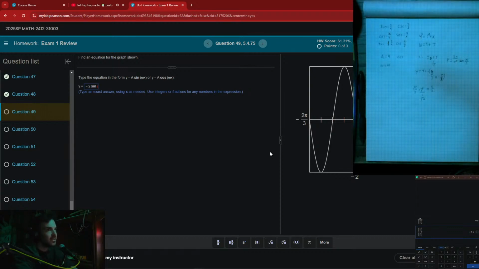Got the parenthesis there. And looks like a period of, we got what, pi over 4, pi over 2. I don't know how to subdivide 2 pi over 3 into fourths.